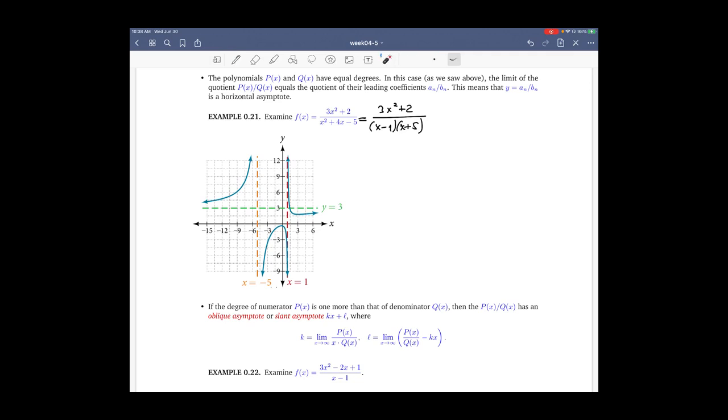So we see that 1 and negative 5 are the roots of the denominator, but not the numerator.